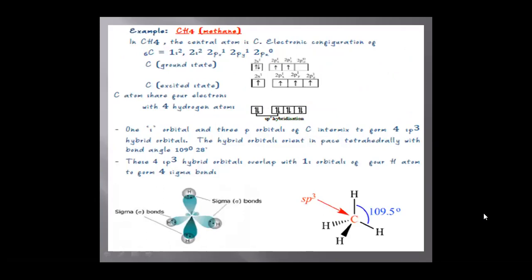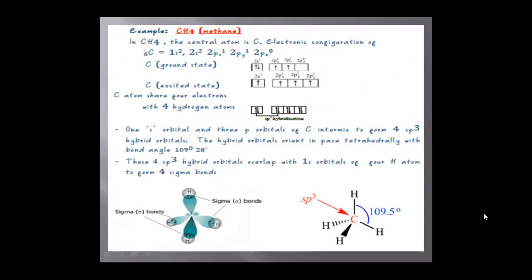For example, in the formation of the methane molecule, carbon has atomic number 6 and electronic configuration 1s2, 2s2, 2p2 in the ground state. In the excited state, one of the 2s electrons jumps into the pz orbital. So carbon has 4 electrons to pair with 4 hydrogen atoms.